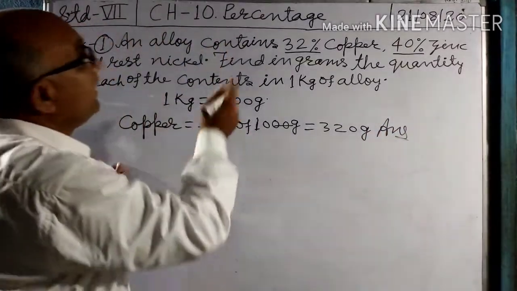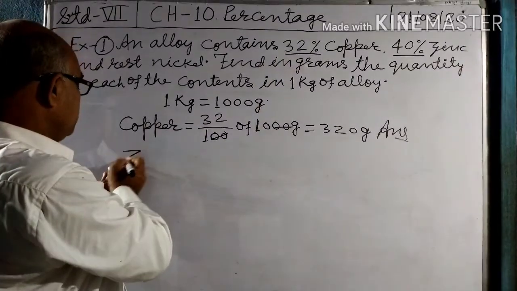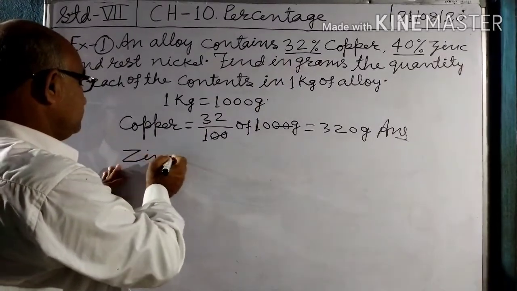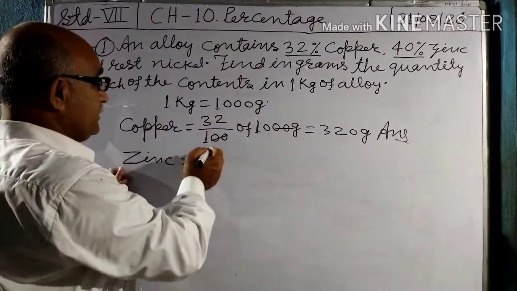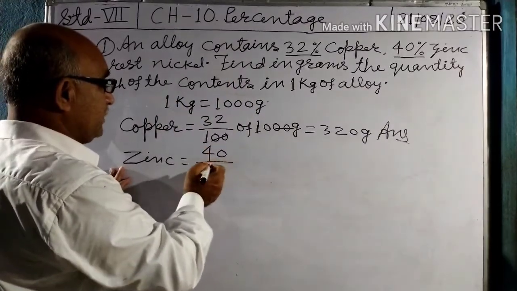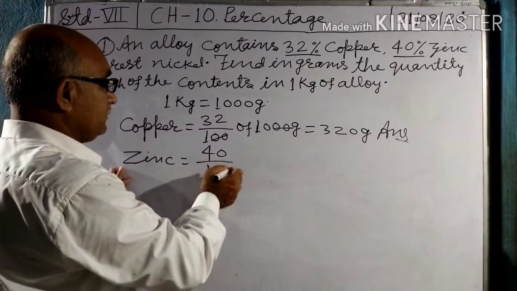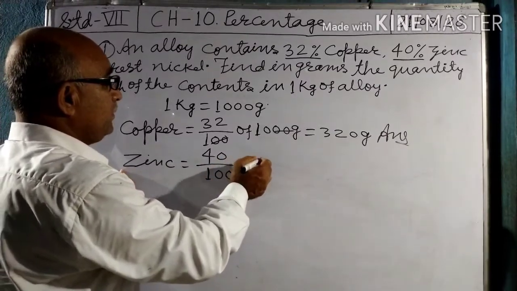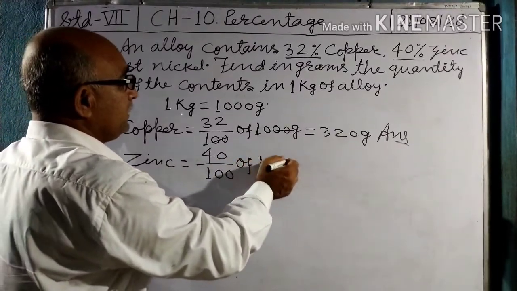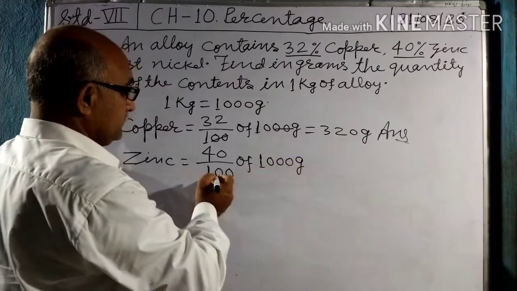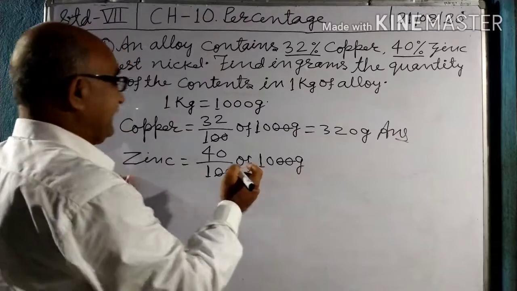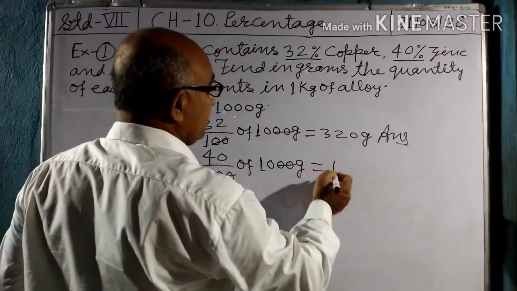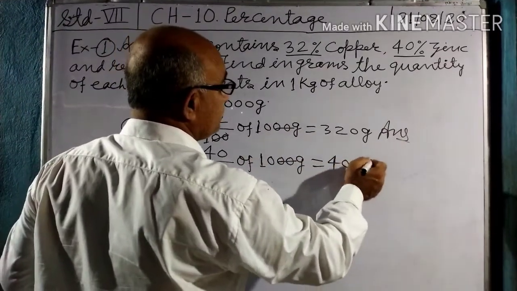Answer one. Next is zinc. 40% means 40 by 100 of 1000 gram. 40 into 10 equal to 400 grams.